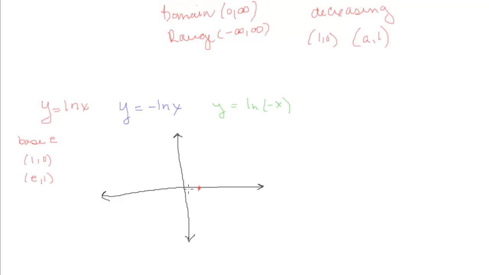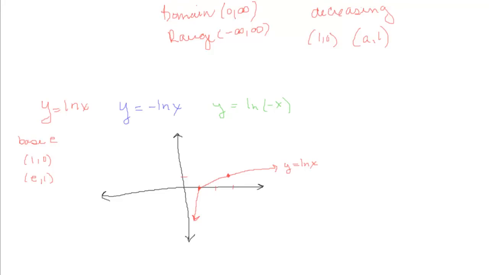So (e, 1) will go out to almost 3. That would be about here. The y-axis is a vertical asymptote. So our graph looks something like this.